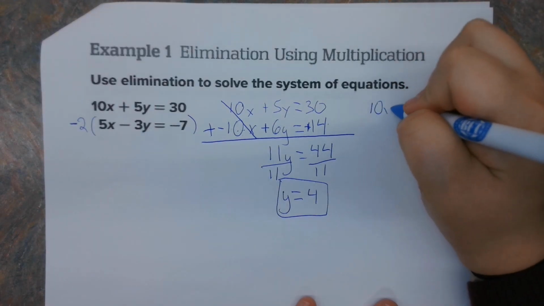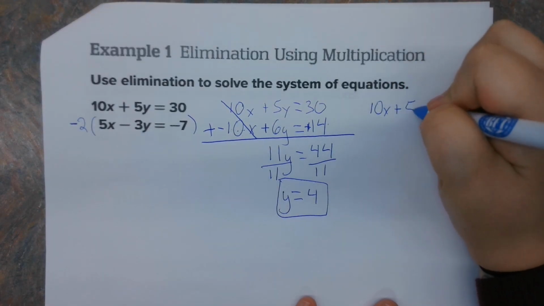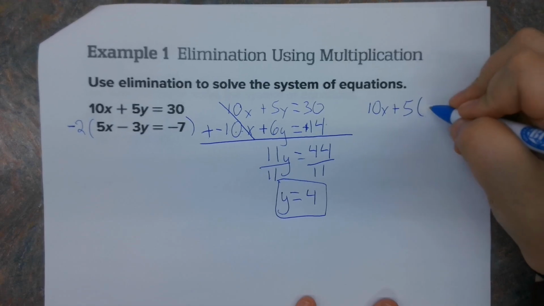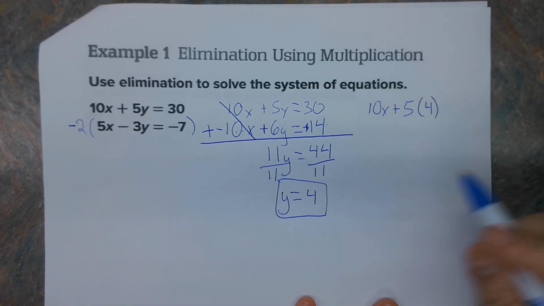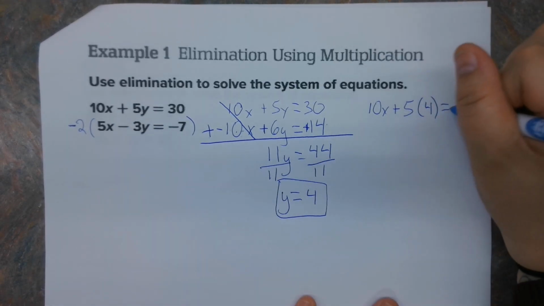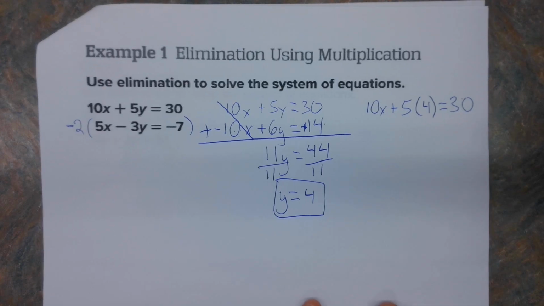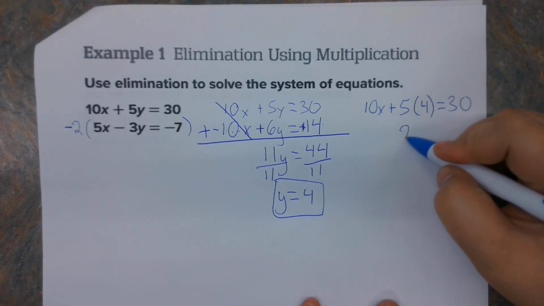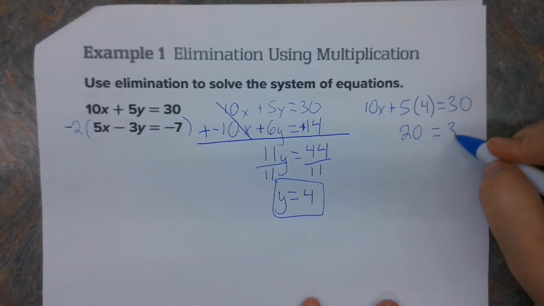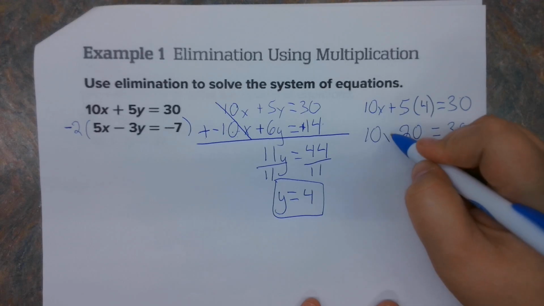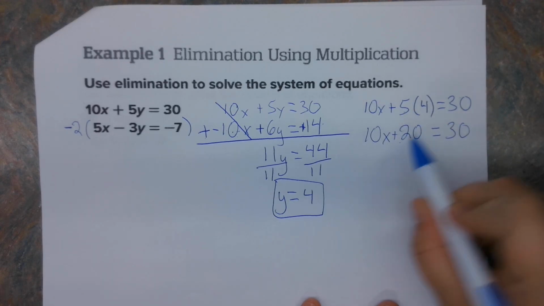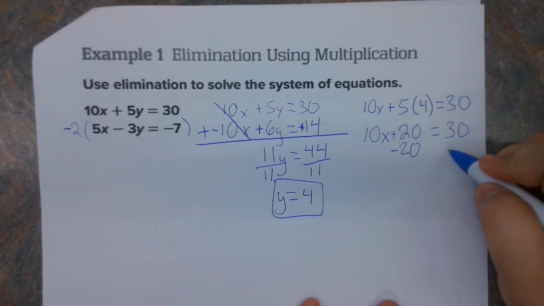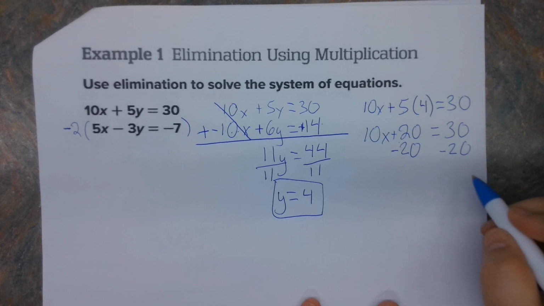So I've got 10x plus 5 times y, which is 4, equals 30. Start with multiplication. 5 times 4 is 20. Bring everything else down. I'm going to subtract this 20 to get rid of it and get the x by itself.